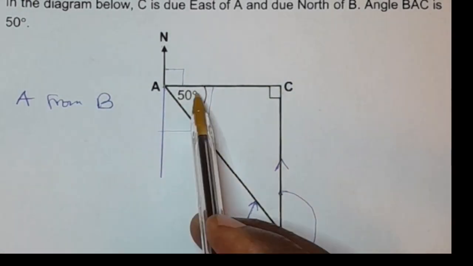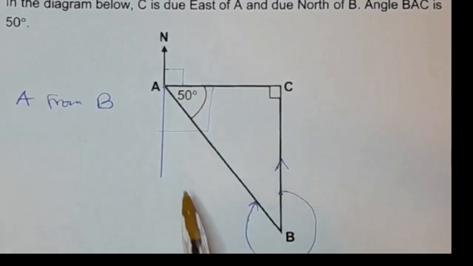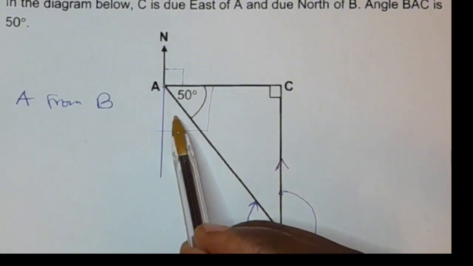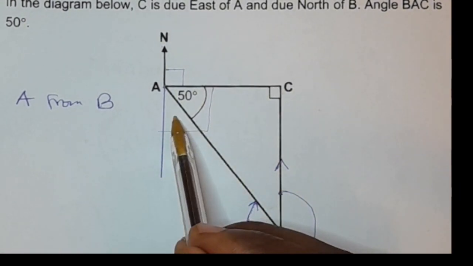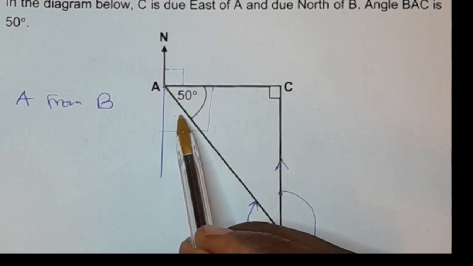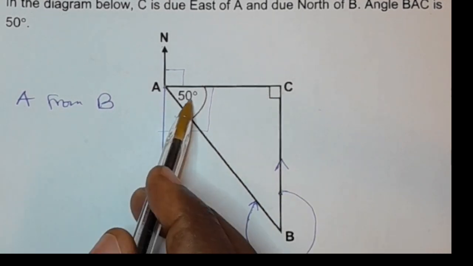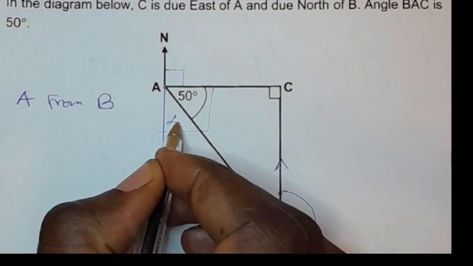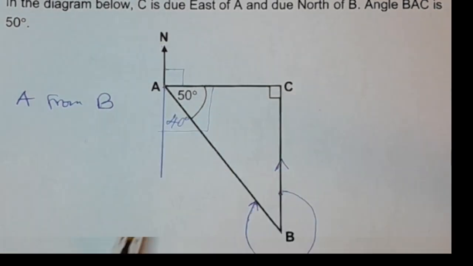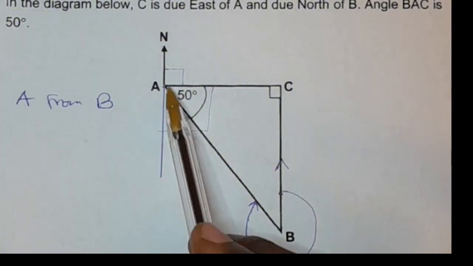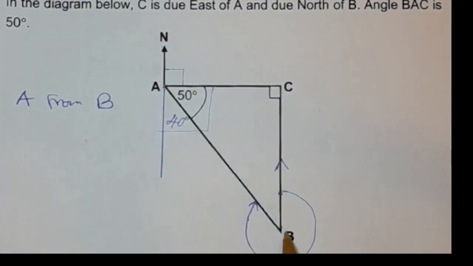But out of 90 degrees, we have been given 50 degrees. So for us to find this angle, we say 90 minus 50, which gives 40 degrees here. So this is the north and this is the north. You can see this line here, which is in between the two parallel lines.